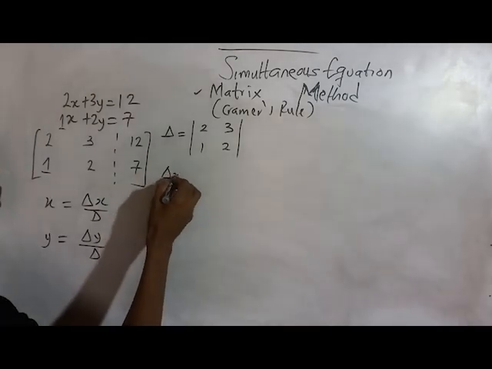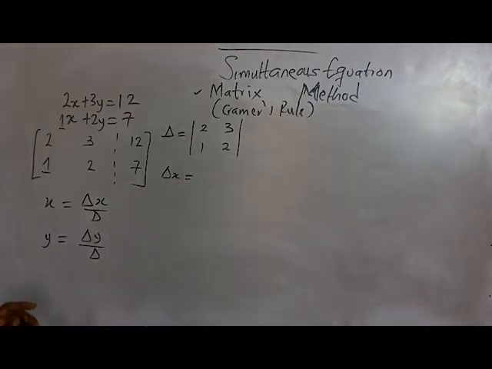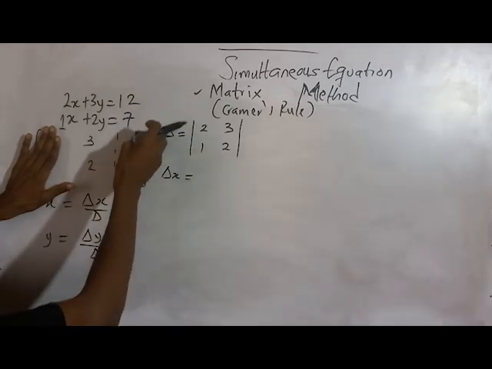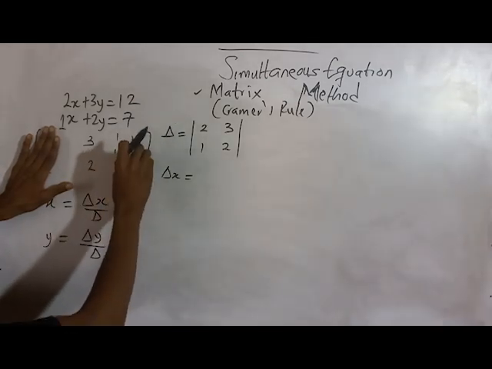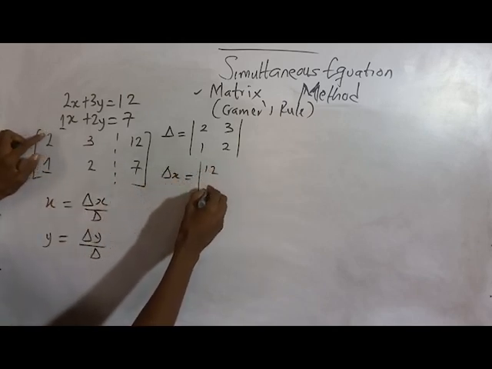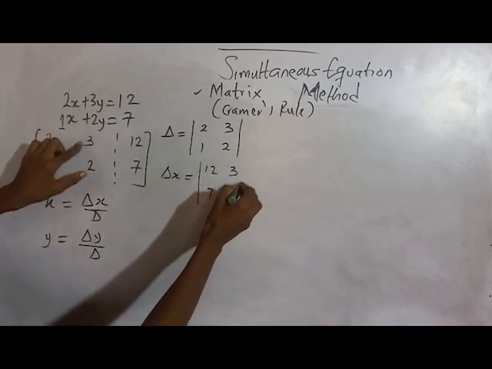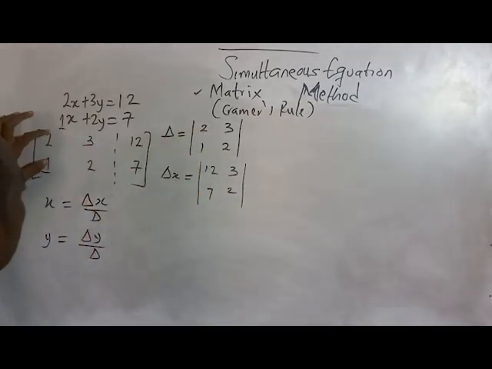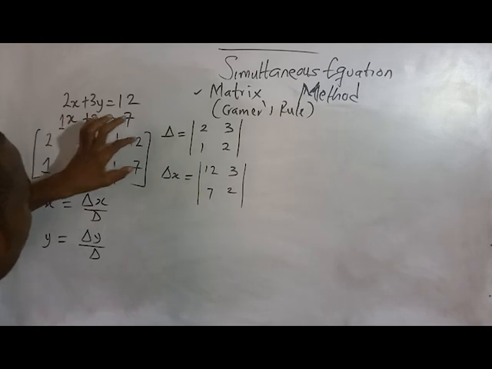What delta x also means is that you remember this column was for x. So what you do is replace the column of x with the resulting answer. Instead of having x here, we replace it with 12 and 7, then we write 3 and 2. So this was initially the column for x, for y, then for the answer.